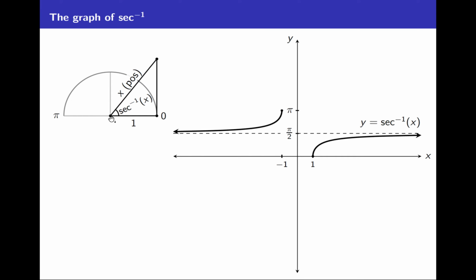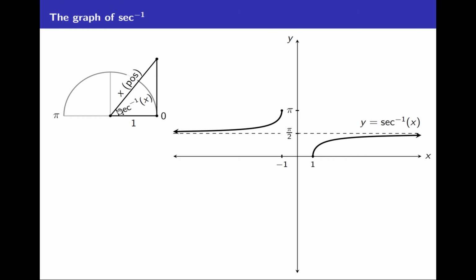Let's see if that makes sense from our picture. X is the hypotenuse, and imagine you tried to make x small, like a smaller and smaller hypotenuse. Well, in this triangle, x would always be bigger than the adjacent side 1.